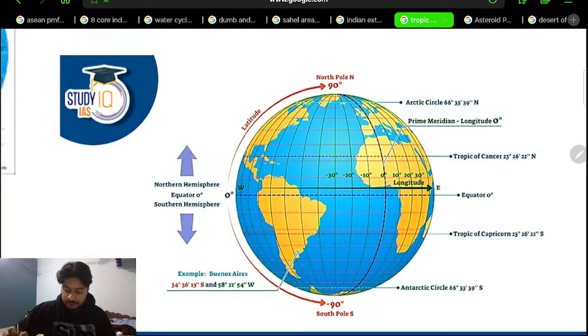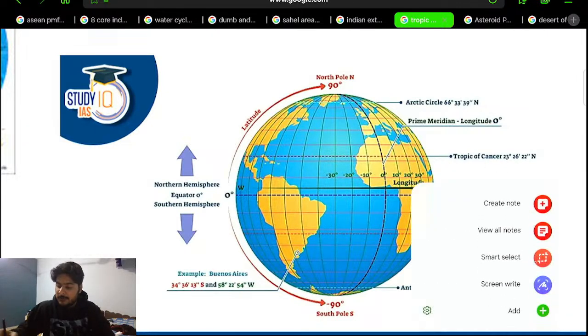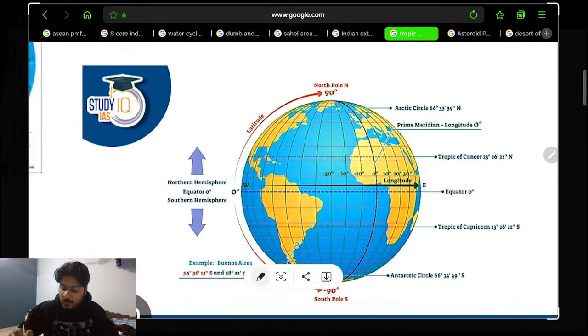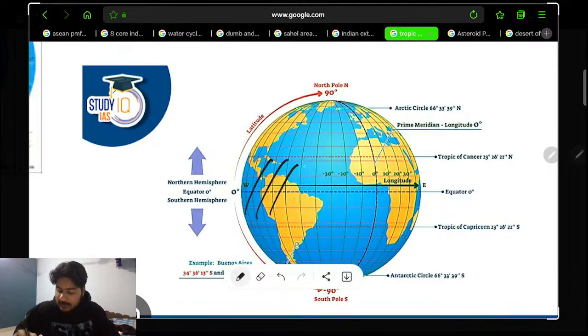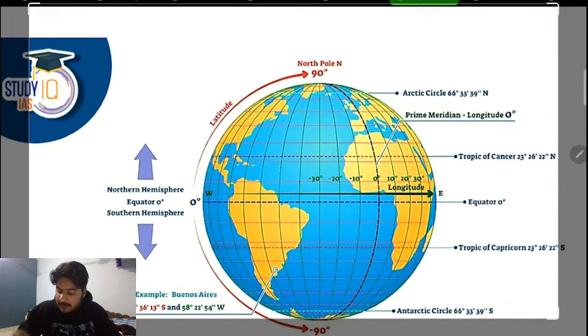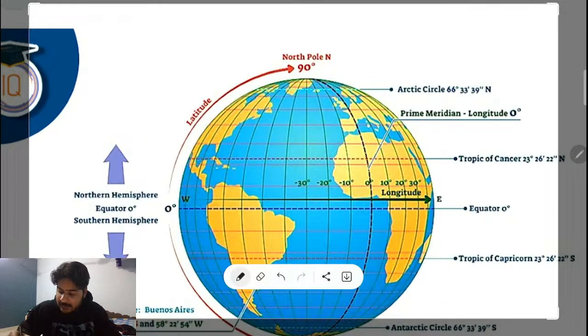Now, this line is known as the Tropic of Cancer, and India lies here. Let me draw it for you. Overall, this is the tropical area where we have the maximum sunlight. India lies somewhere here.